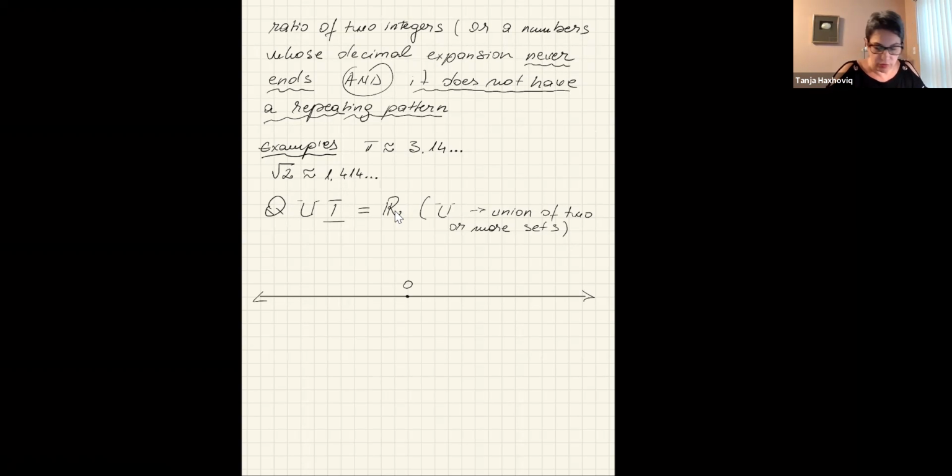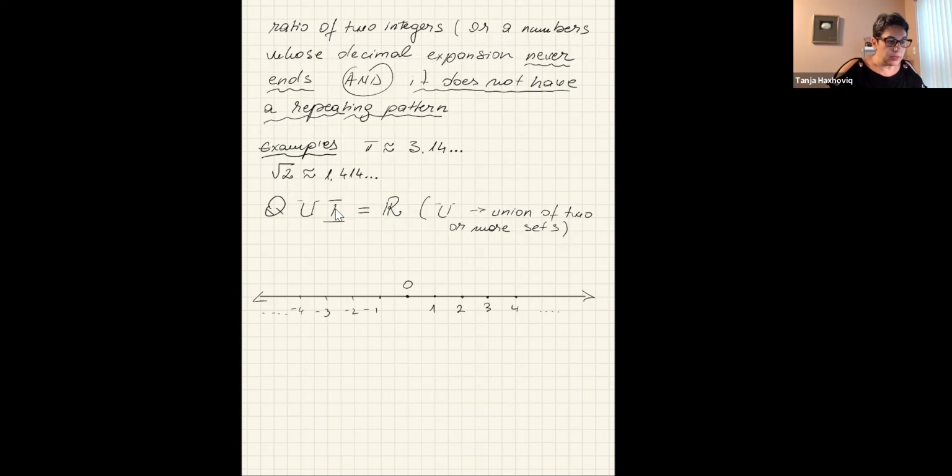To the right of 0, we write all positive real numbers. So 1, 2, 3, 4, and so on. To the left of 0, we write the negative real numbers, -1, -2, -3, -4, and so on.